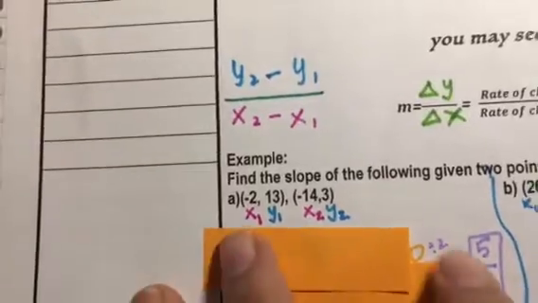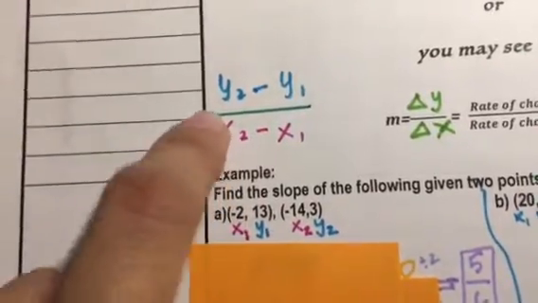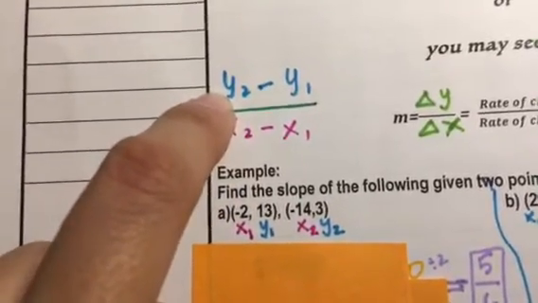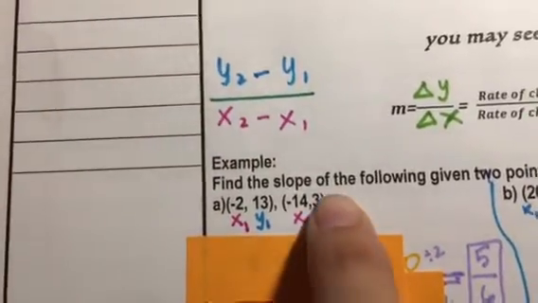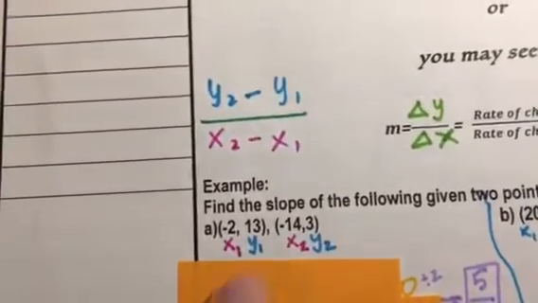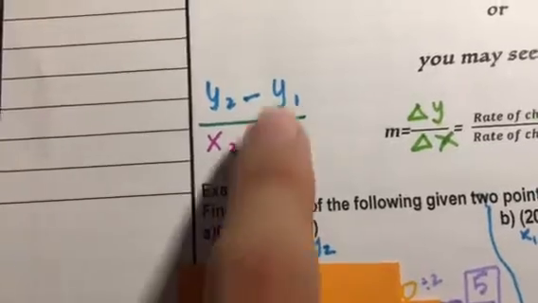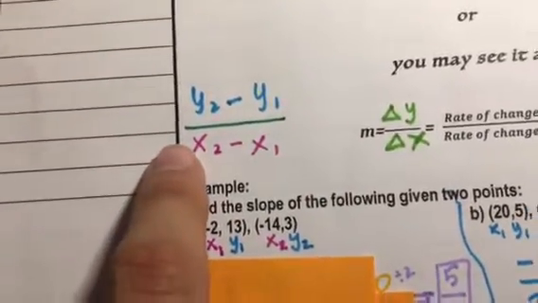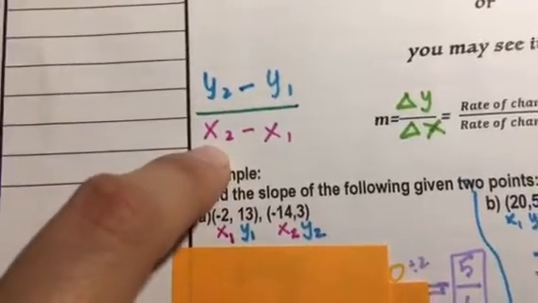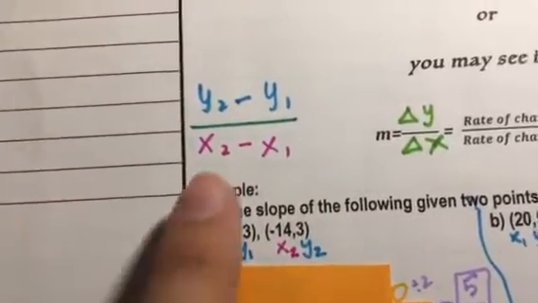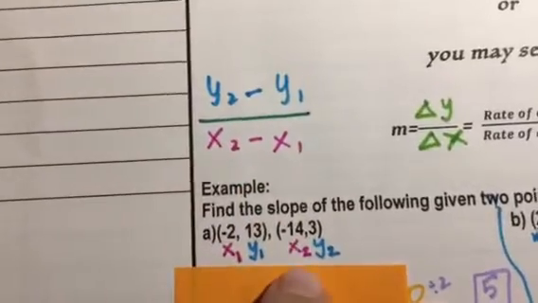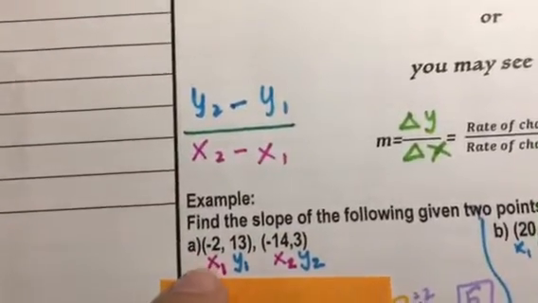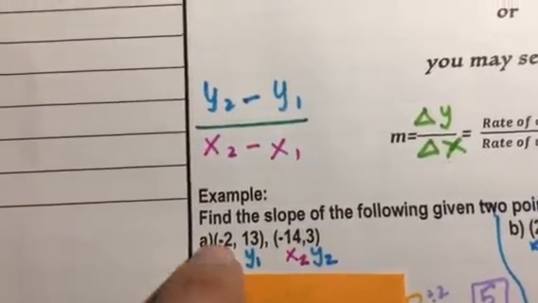What you're going to do is plug it into the formula. So y sub 2, what is it? Y sub 2 is 3 minus y sub 1. Y sub 1 is 13. Okay, so once you do that, down here you want to plug these points in as well. So x sub 2 minus x sub 1: your x sub 2 is negative 14, and your x sub 1 is negative 2.